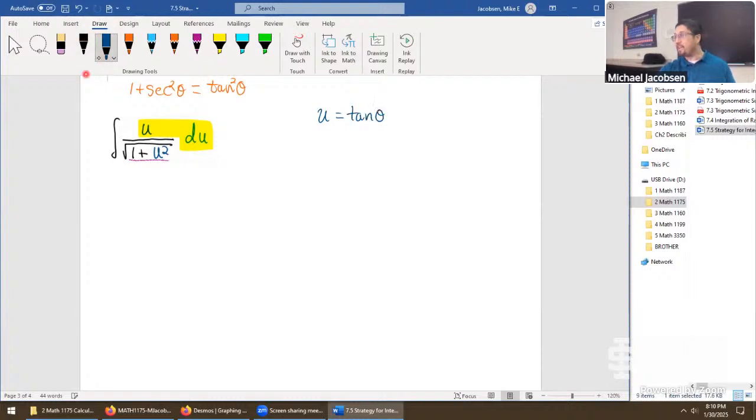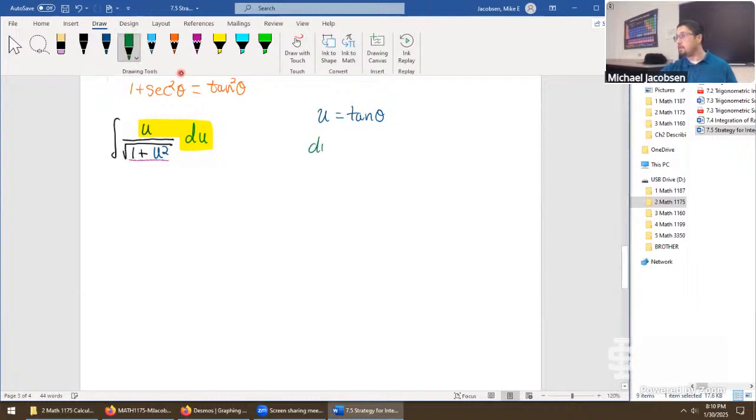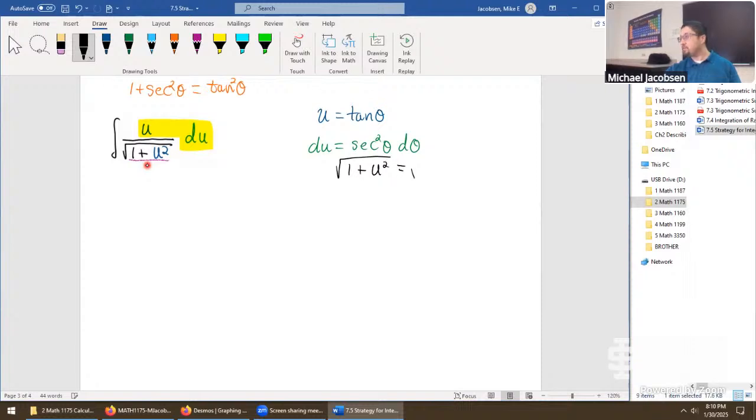Now we're on our way on that. We can take du. It's secant squared theta d theta. So that's what's going to replace this portion right here. Next is the root. 1 plus u squared becomes root.